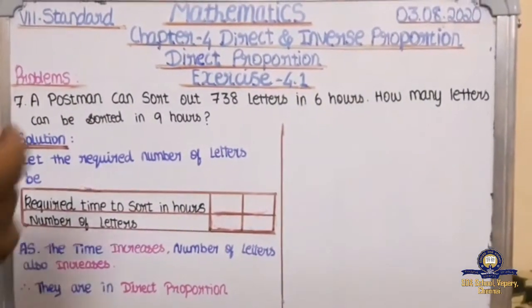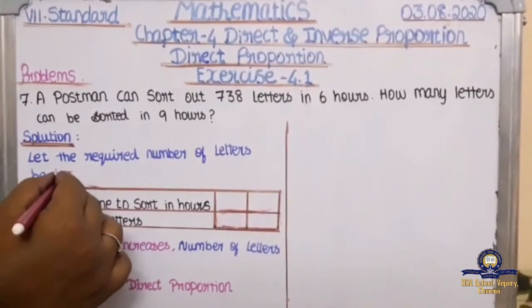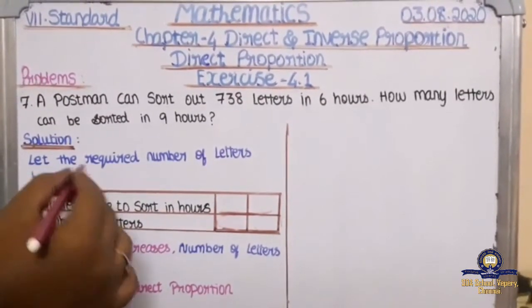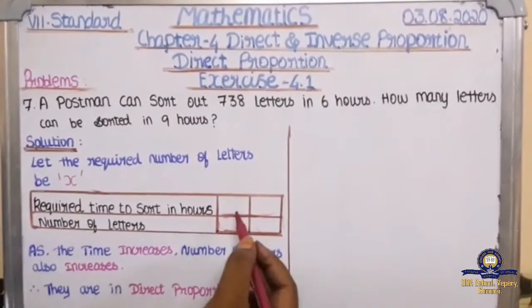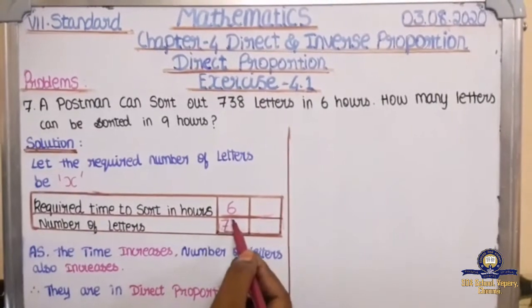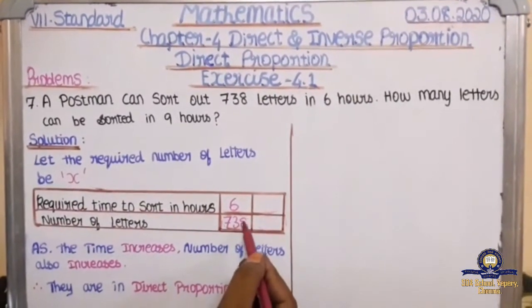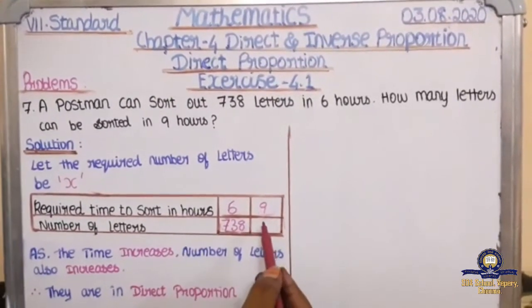So the required number of letters we take as x. Now required time to sort in hours are given. For 6 hours, the postman can distribute 738 letters. So for 9 hours, we need to find the letters.